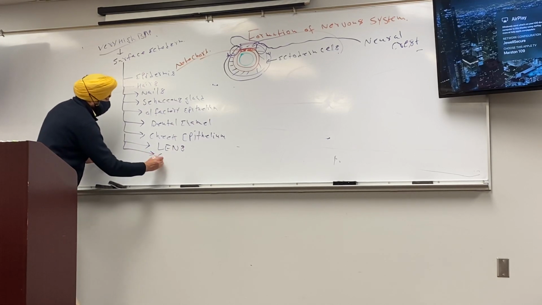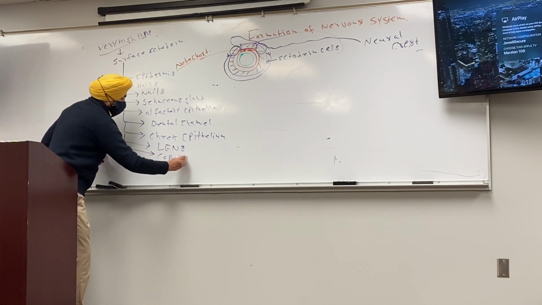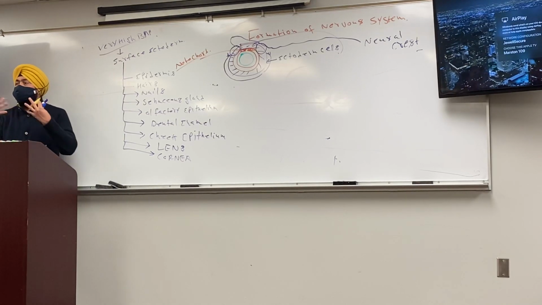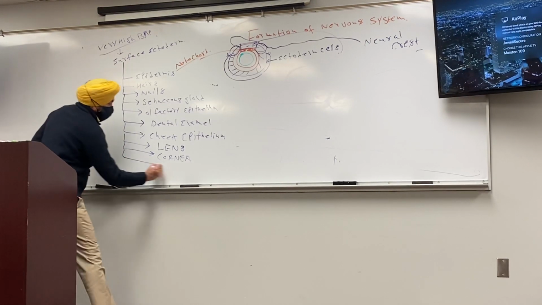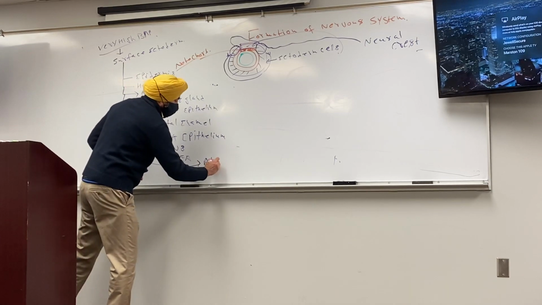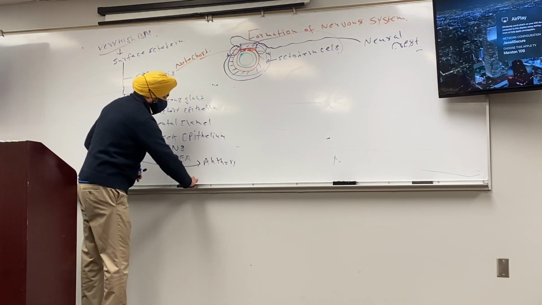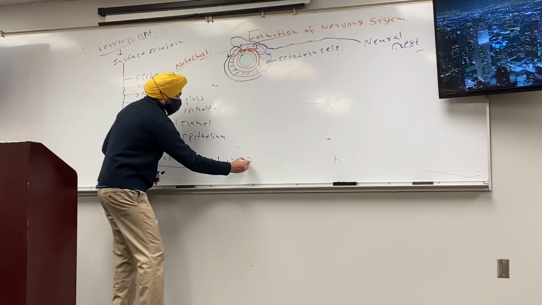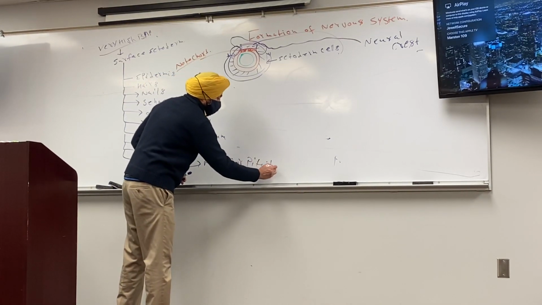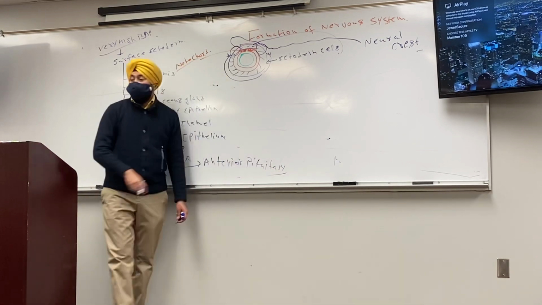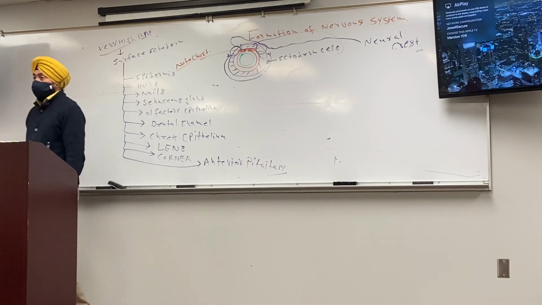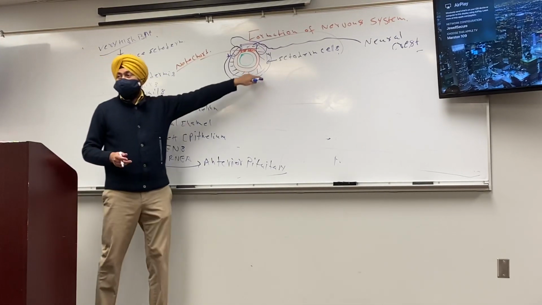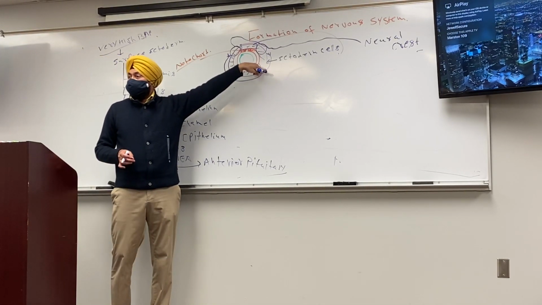Your cornea is also from there. And then part of the pituitary gland, the anterior pituitary, is also from there. So all these things are coming from this area right there. Okay?